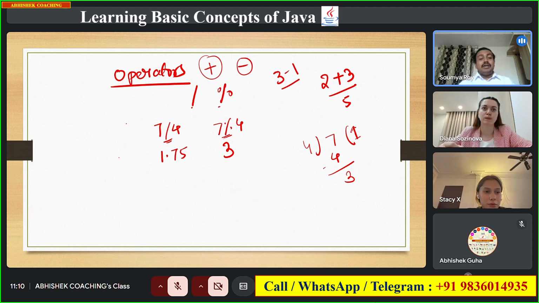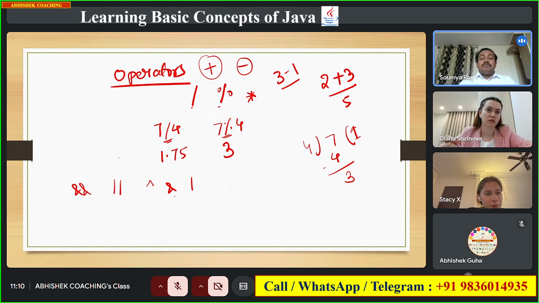Apart from this, we have other operators also, like the multiplication operator denoted by this star. So there is a varied range of operators which Java uses. Apart from these, there are multiple types of operators, like the AND operator, the OR operator, the bitwise XOR operator, the bitwise AND operator, the bitwise OR operator.